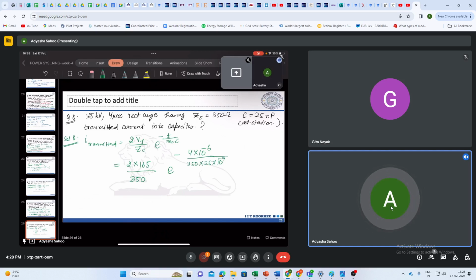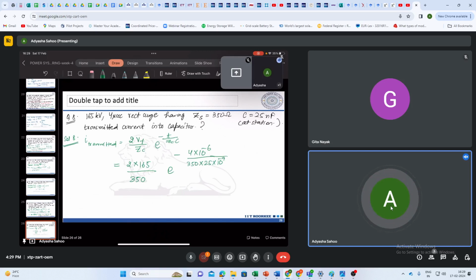So this one will get us e to the power minus 4 into 10 to the power minus 6 by 350 into 25 into 10 to the power minus 9, into 2 into 165 divided by 350.